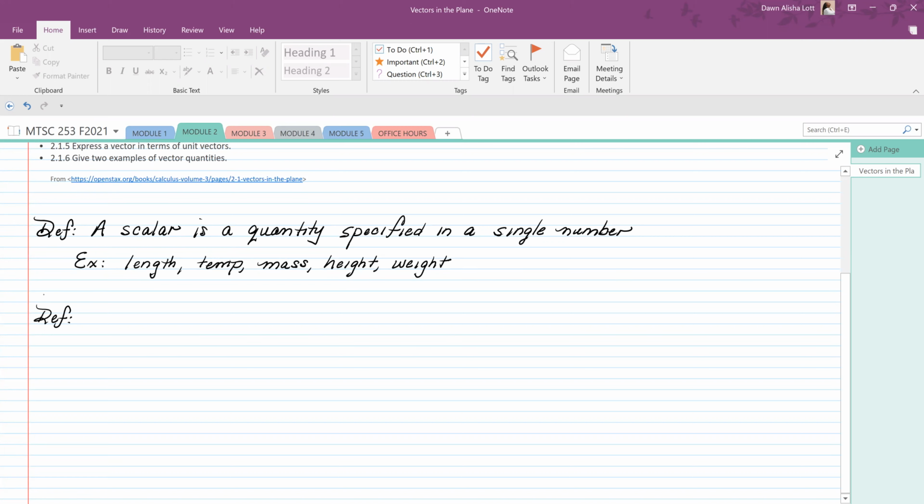all right? So a vector is a quantity, and this thing possesses magnitude and direction.